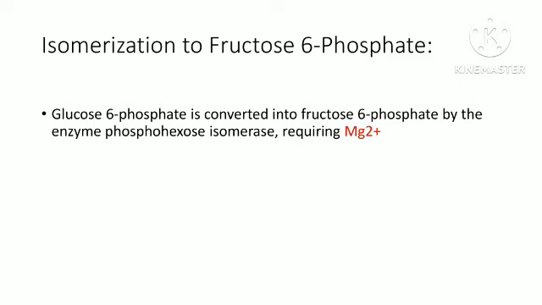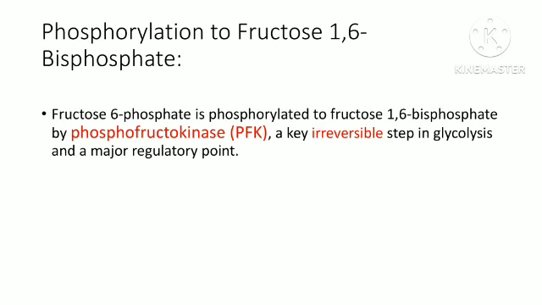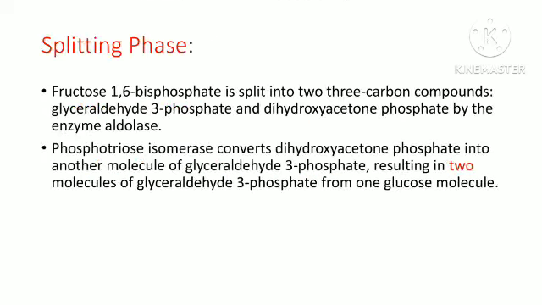Phosphorylation to fructose 1,6-bisphosphate: fructose 6-phosphate is phosphorylated to fructose 1,6-bisphosphate by phosphofructokinase, PFK, a key irreversible step in glycolysis and a major regulatory point. Splitting phase. Fructose 1,6-bisphosphate is split into two 3-carbon compounds, glyceraldehyde 3-phosphate and dihydroxyacetone phosphate, by the enzyme aldolase.